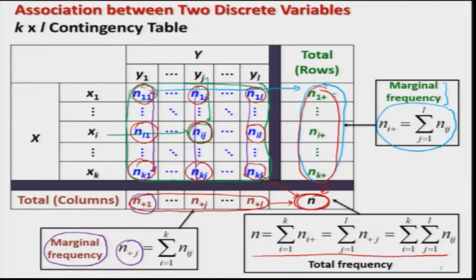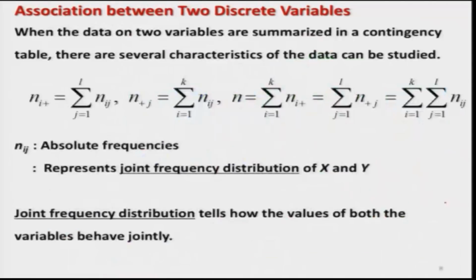So, this is how we try to interpret and construct the contingency table, and this contingency table is a k cross l contingency table. Why? Because there are k number of rows and there are l number of columns. Right. So, now we have understood that all the data can be represented in different types of frequencies, and we simply try to summarize it here once again.